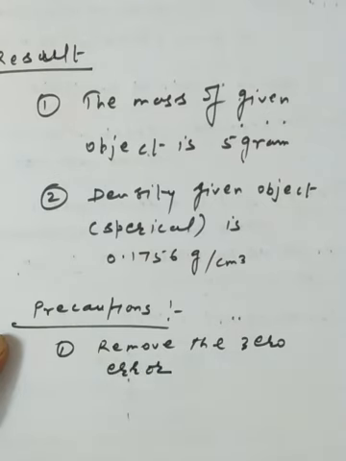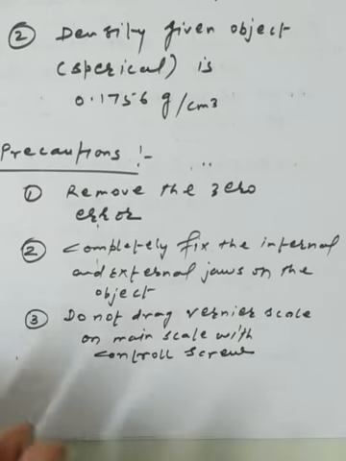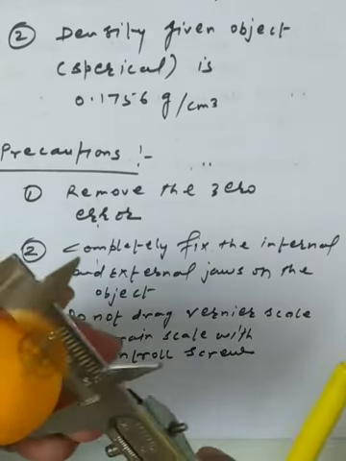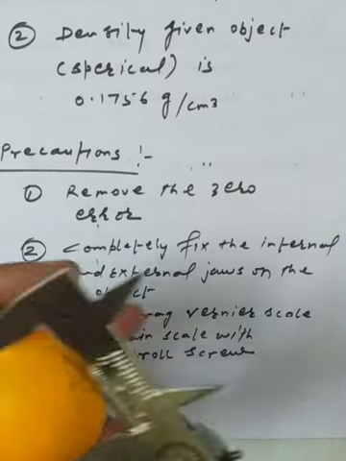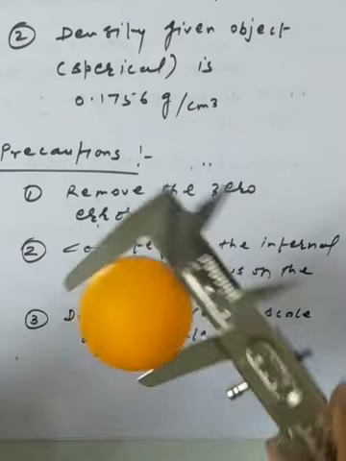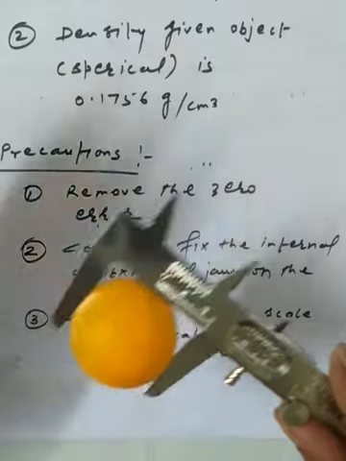This is the first basic portion we have. Now dear students, I have written two other basic precautions during the experiment. Completely fix the internal and the external jaws on the object. So you must properly attach the object between the jaws. This is the basic responsibility you have.